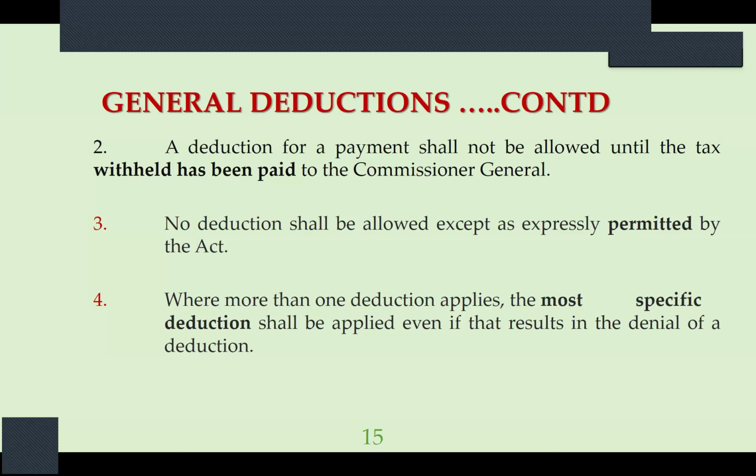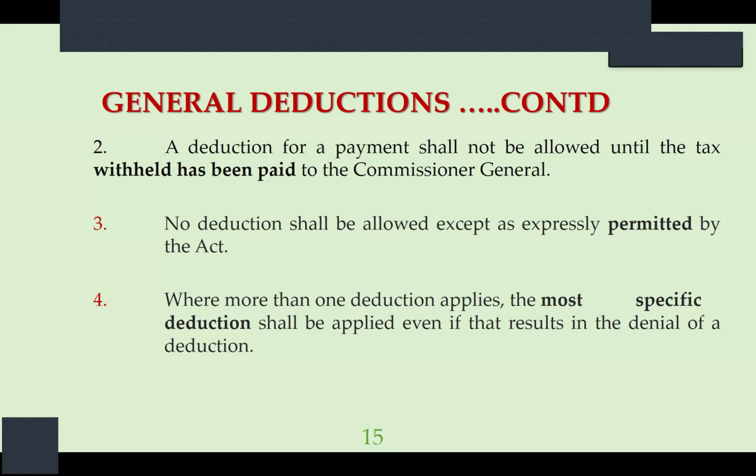The person who should deduct that tax is named as withholding agent. So if this person is a withholding agent, and is making a payment to another person, for that payment to be deducted as an eligible deduction, the person should deduct withholding tax and pay it to the department.